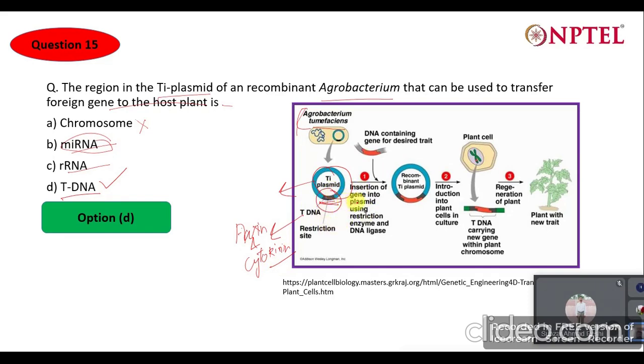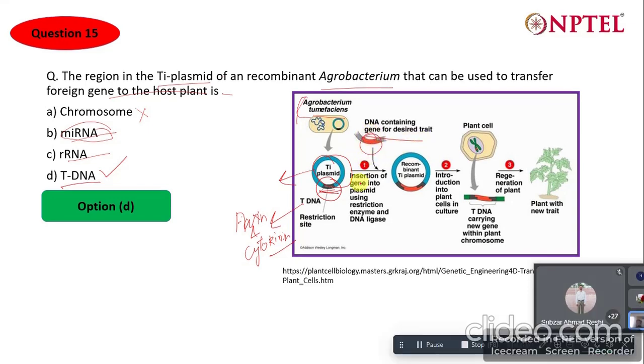But it has been exploited in recombinant DNA technology for the generation of transgenic plants. DNA containing the gene for the desired trait is inserted into the tDNA, using normal recombinant DNA technology, that is, the restriction enzyme and the DNA ligase.